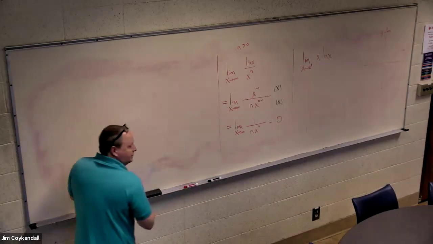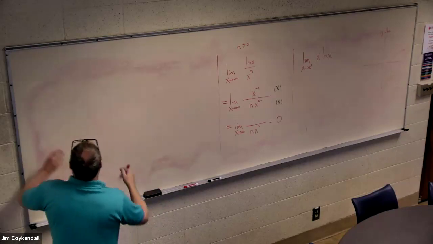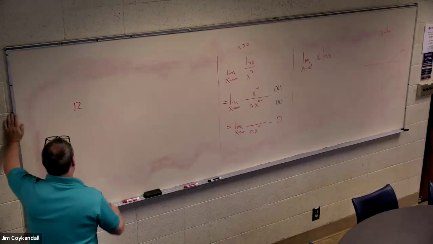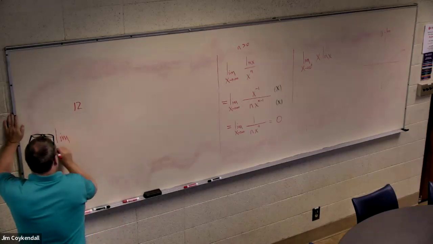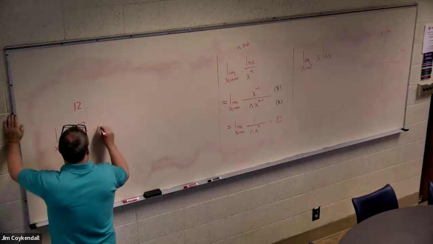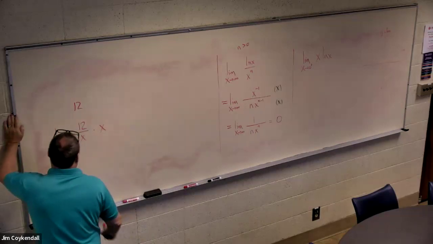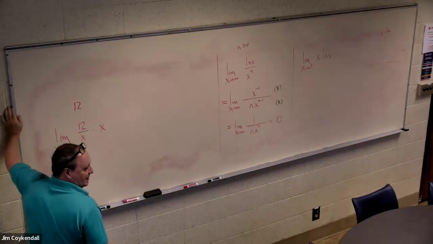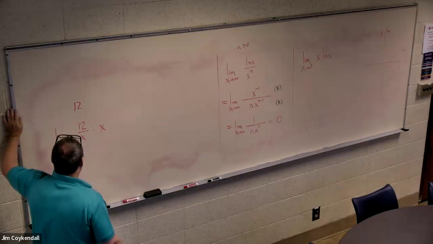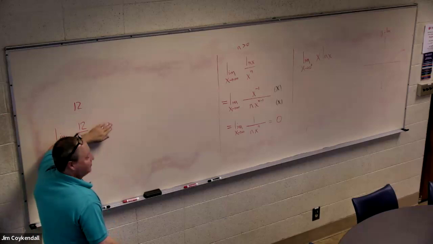I can make a 0 times infinity have a limit of 12. Let's say it's 12 times x over x, and this limit is 12, right? Because it's just a limit of 12.